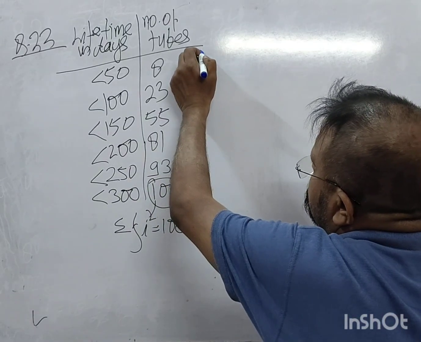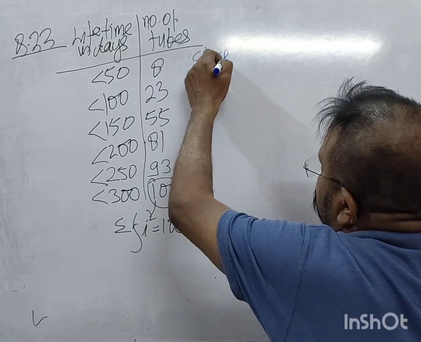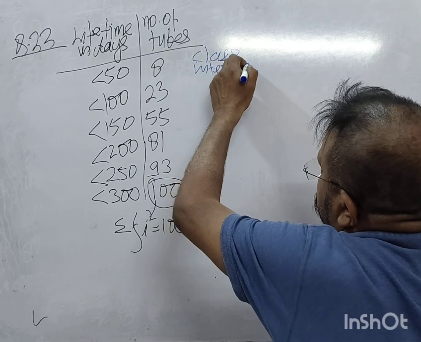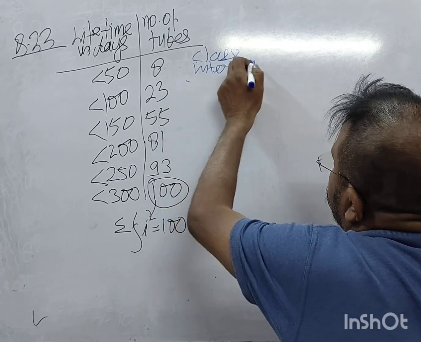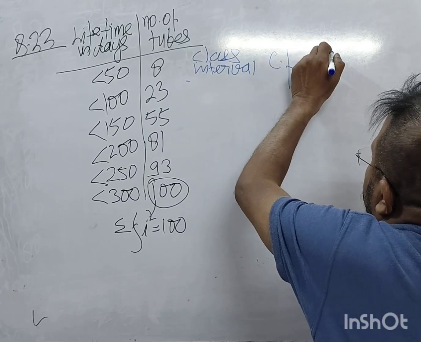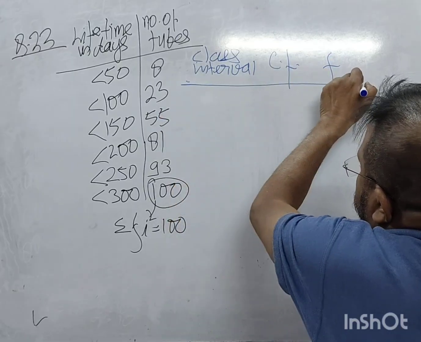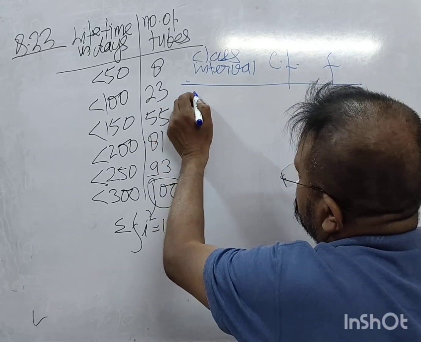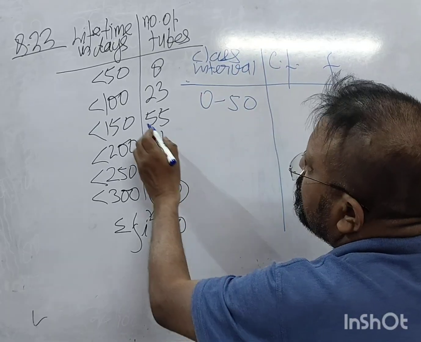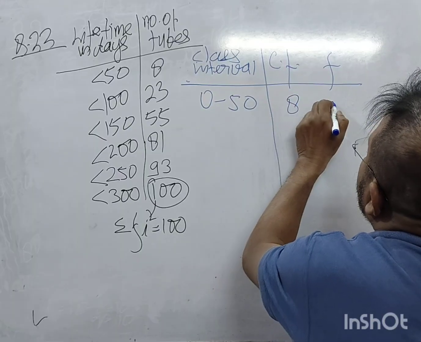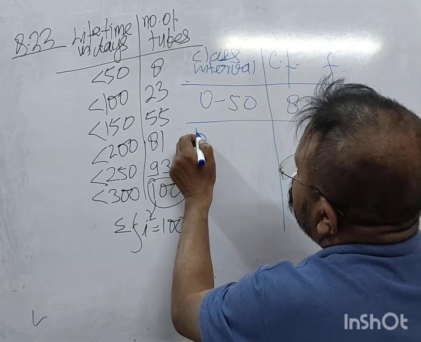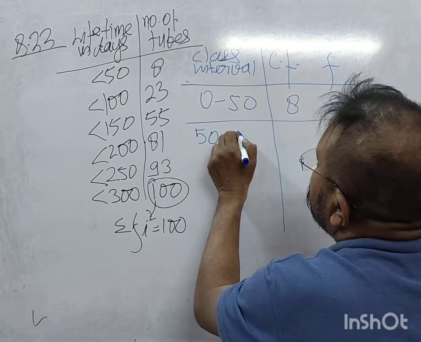So class interval, cumulative frequency CF and frequency, right, like this. So it is 0 to 50, right? The cumulative frequency is 8. The frequency is 8. Then we have 50 to 100.